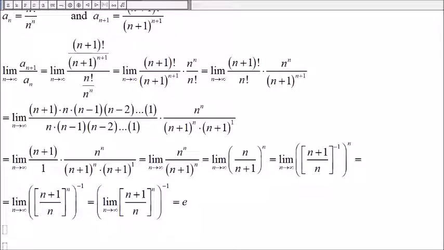So we get e to the negative 1, which is 1 over e.